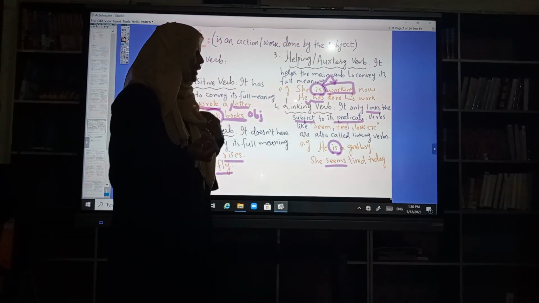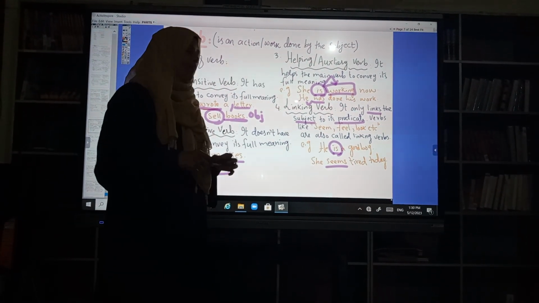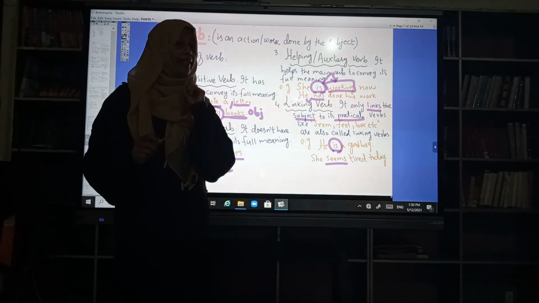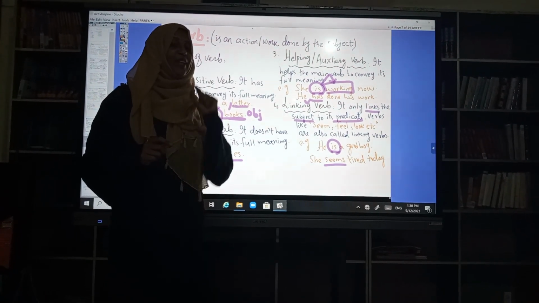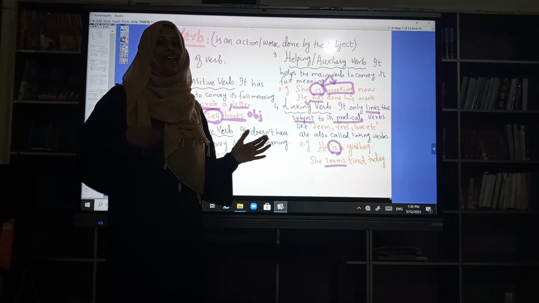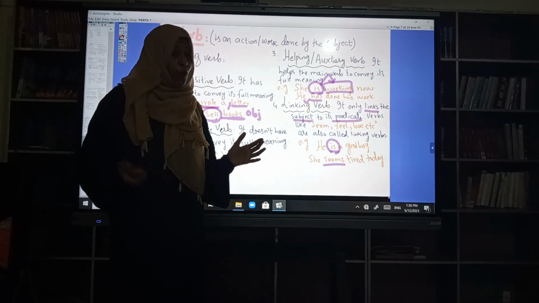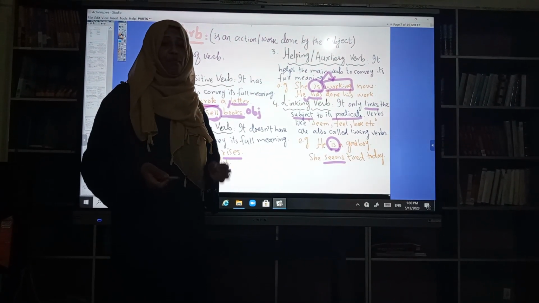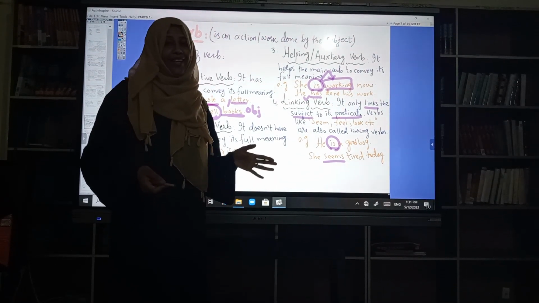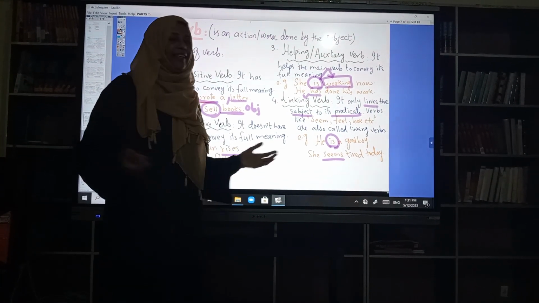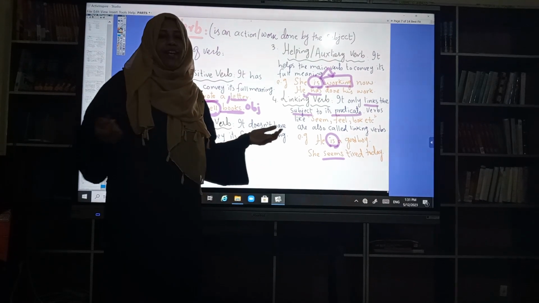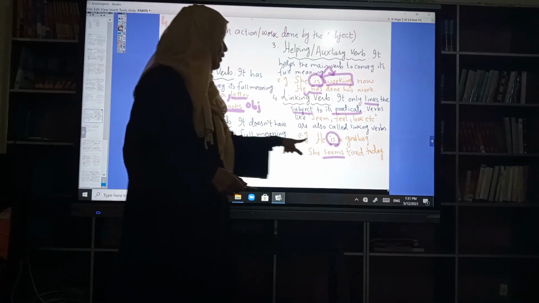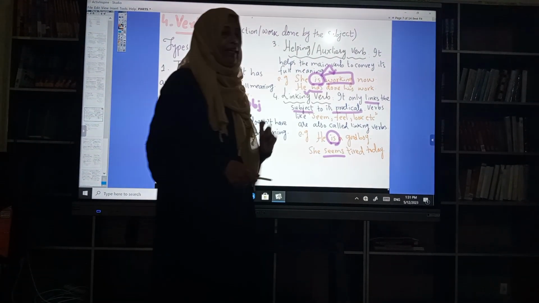It only links the subject to the predicate. But remember, there is an addition. Verbs like seem, look, they are also called linking verbs. Why? Because they are not active verbs. For example, he is a good boy. She is a nice girl. So here, is will be called a linking verb.